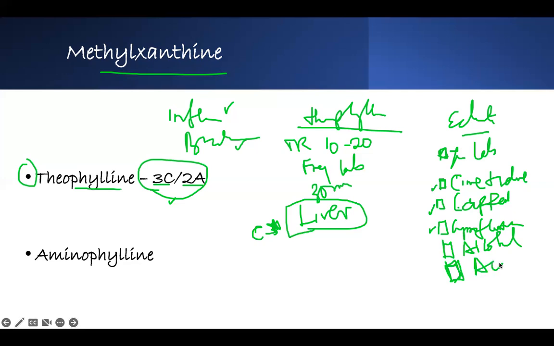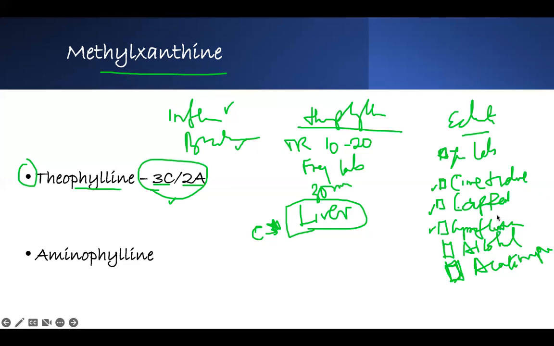Acetaminophen. Okay. So you see how you can remember the side effects. 3 C's and 2 A's. And the A's are for the liver because it has liver toxicity. No alcohol, no acetaminophen. And the 3 C's, Salmeterol, caffeine, and then ciprofloxacin.